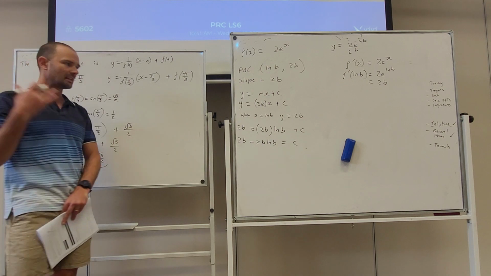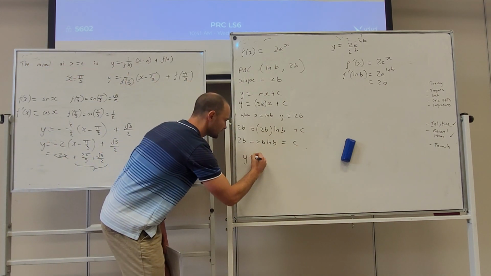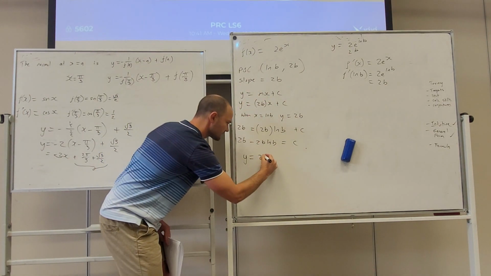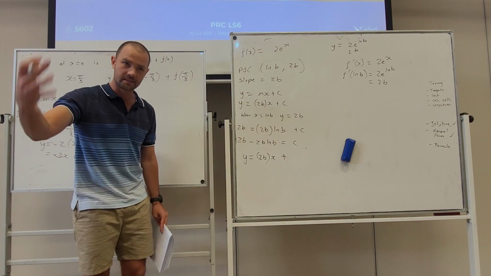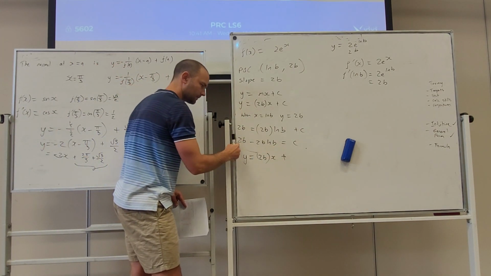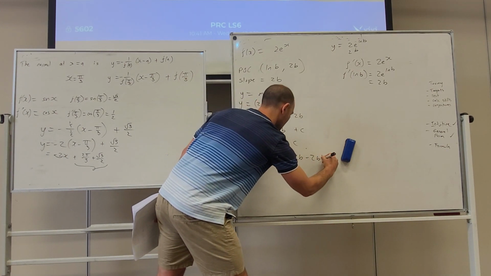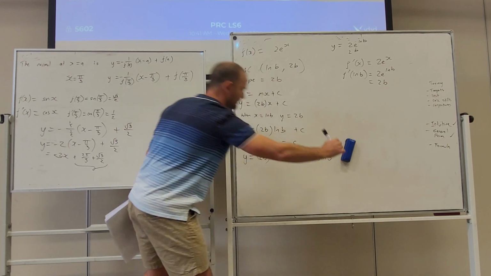So that's the value of c, which means the equation of the tangent is mx plus c. It's 2bx plus, and what's the value of c? Well, this whole thing that we solved for here, which is 2b take 2b ln b. Slope, y-intercept.